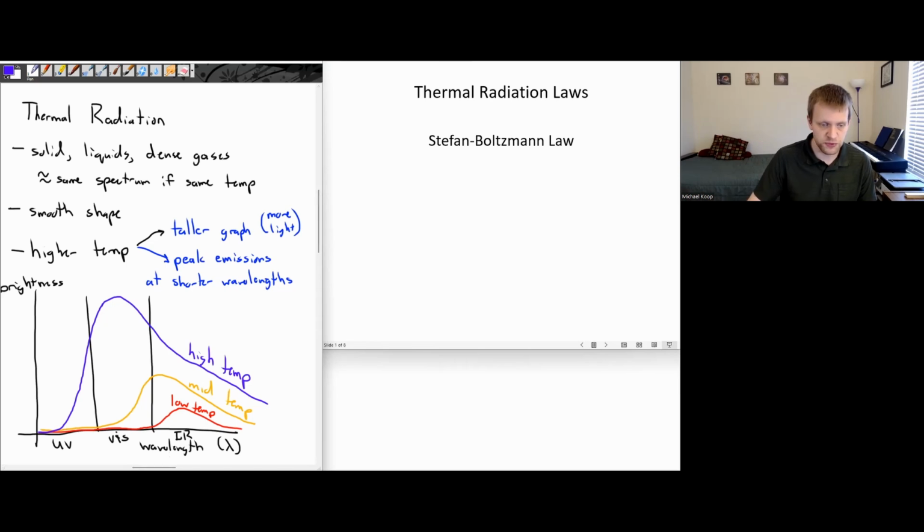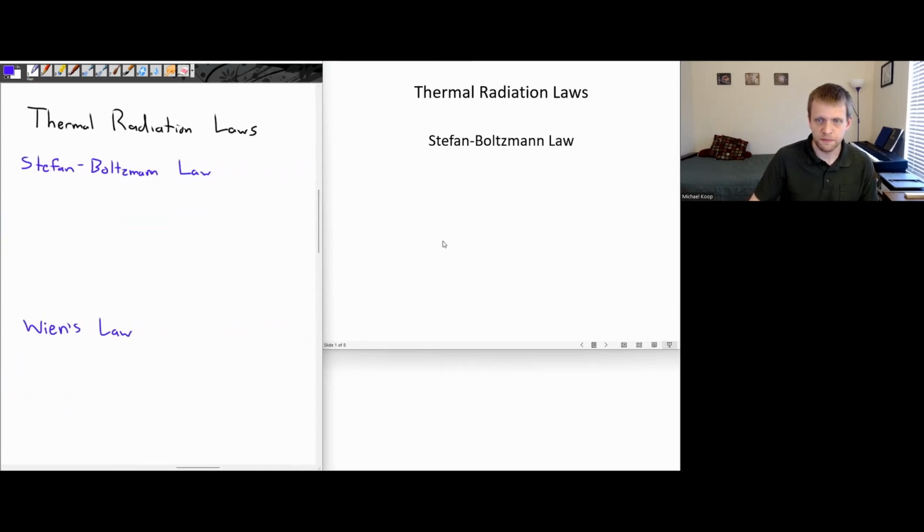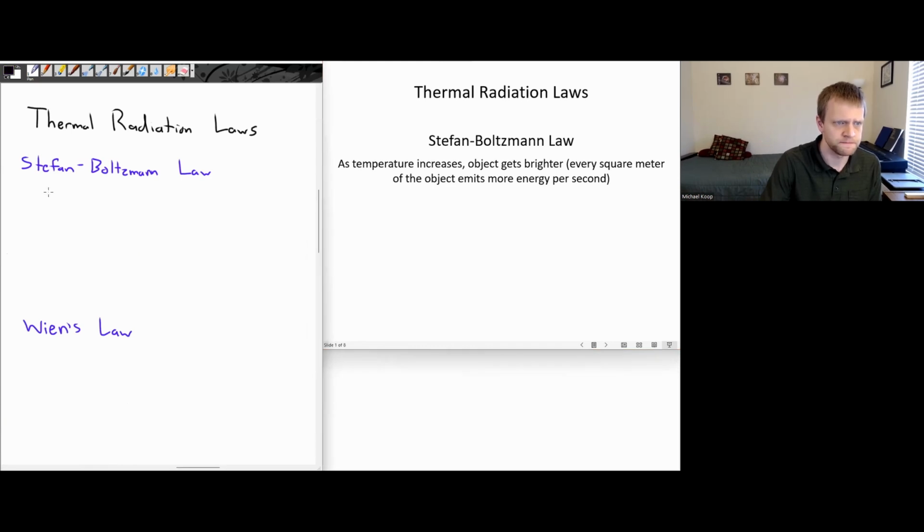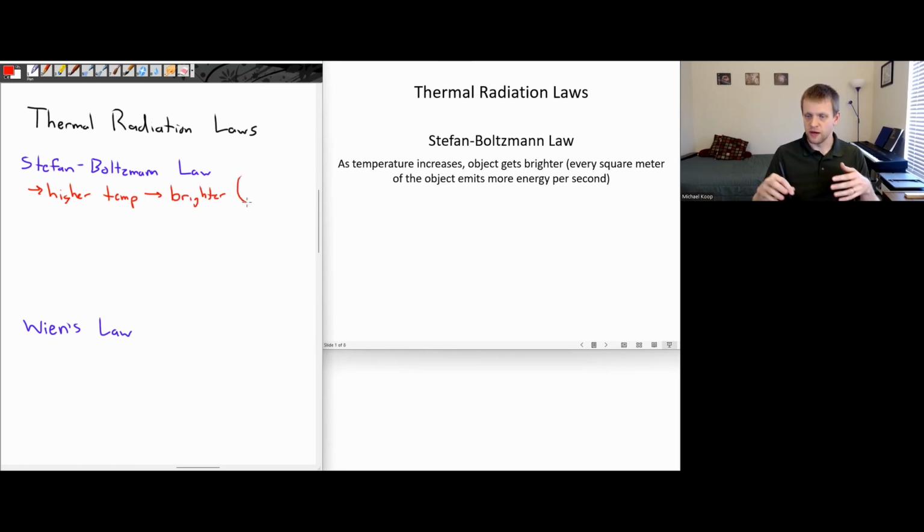We've got the Stefan-Boltzmann law, which is basically the property that as temperature increases, the object gets brighter. So let me write that one down. Higher temp implies that object will be brighter. So more energy output per square meter. So more output, in this case, light output per square meter.